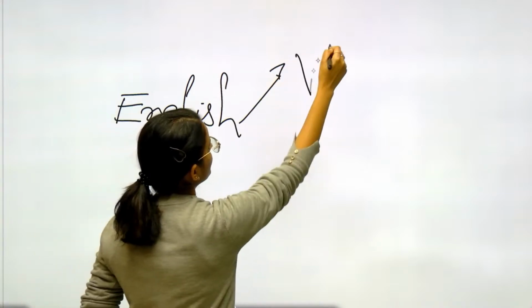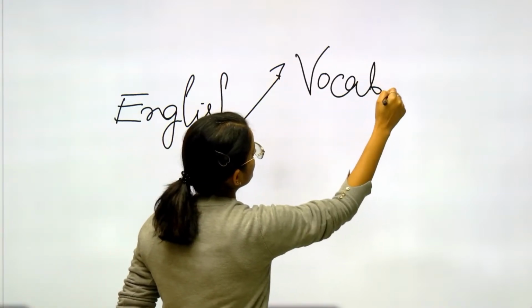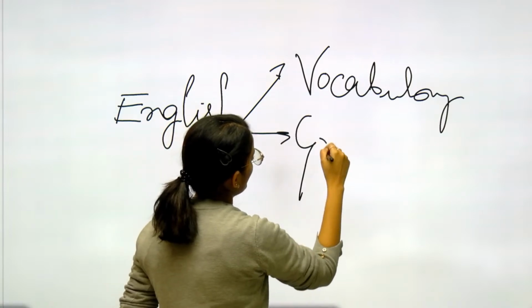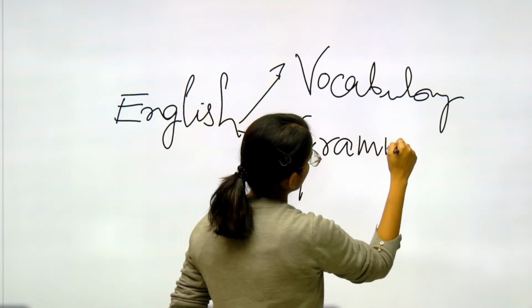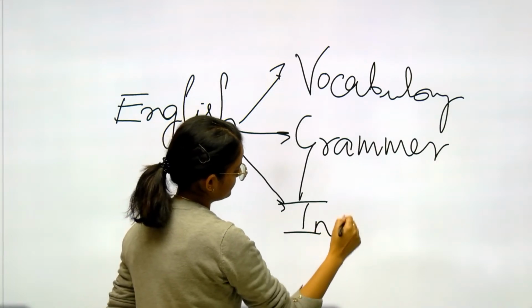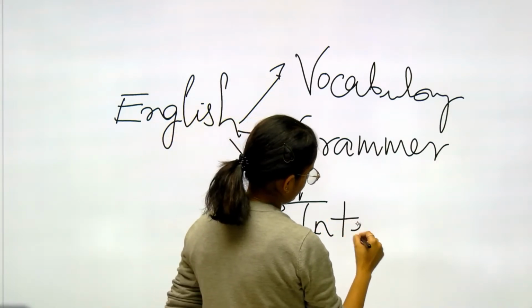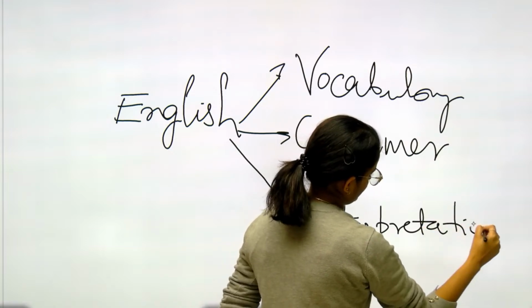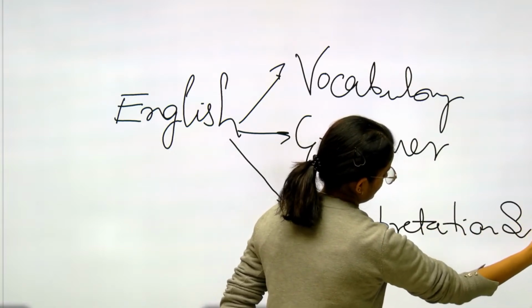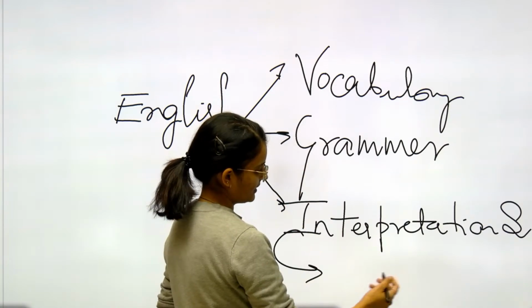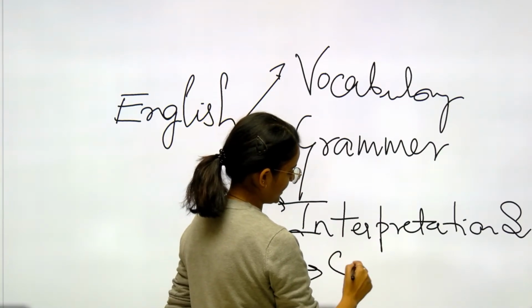First is your vocabulary, second is your grammar, and third is your interpretation skills. Why am I saying this? Because it will be specifically checked through comprehension.